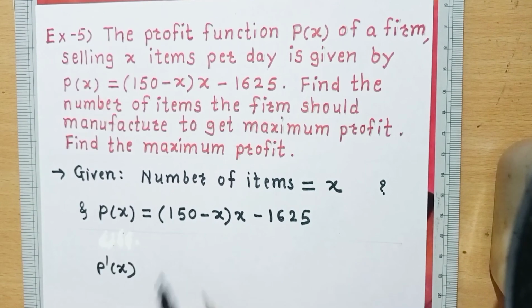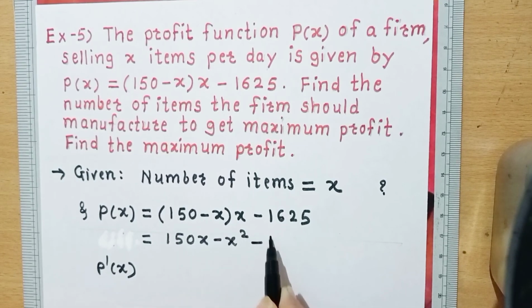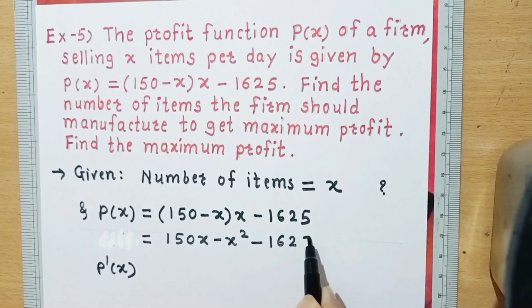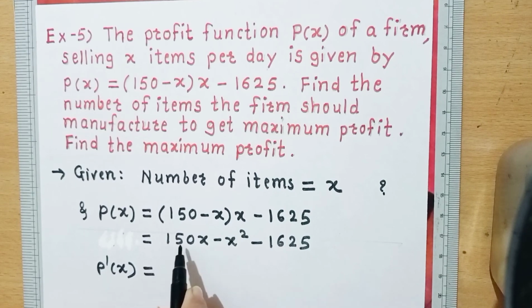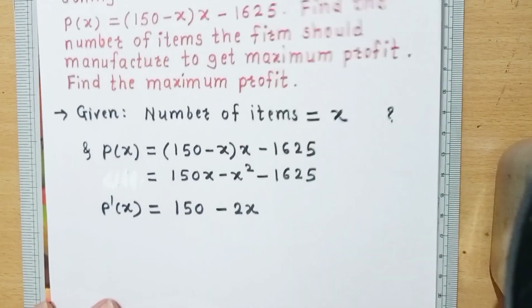So now solve the bracket here, and that is equal to 150x minus x square minus 1625. Now differentiate this function. So p dash of x equal to, now 150 is constant and derivative of x is 1, minus derivative of x square is 2x, and since this is constant its derivative is 0.